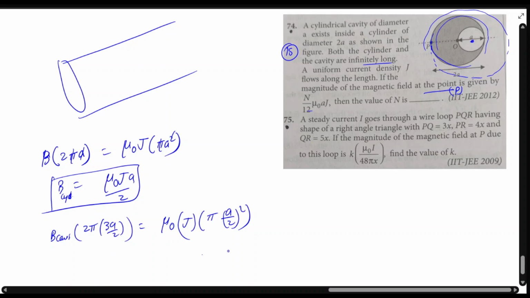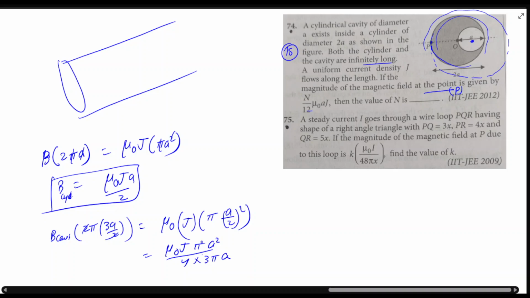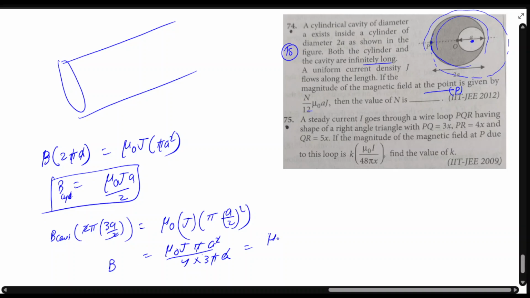Okay, quite easy. So we cancel these things, so it will be mu naught J pi a square by 4, and this will be 2, so this will be 3 pi a. So pi again will get cancelled, a will get cancelled, so we'll get B equals mu naught J a by 12, right?